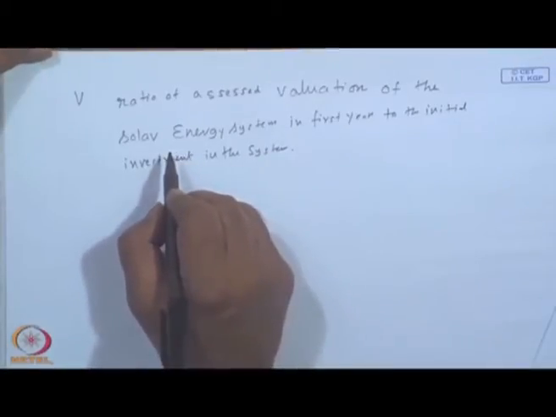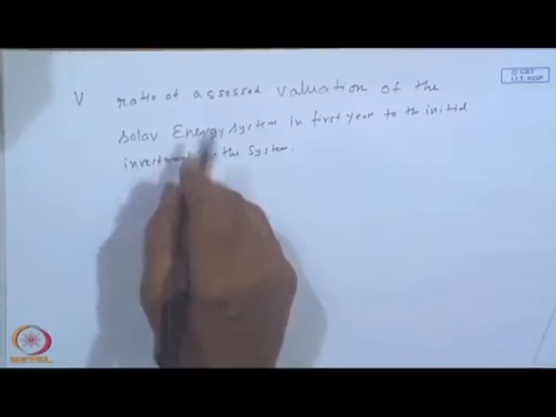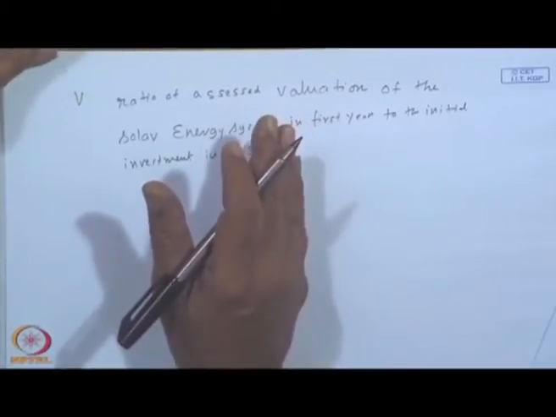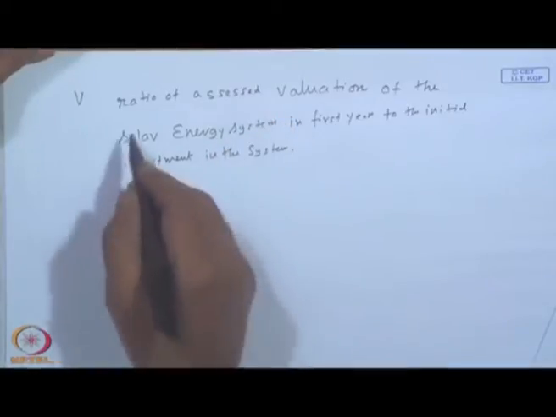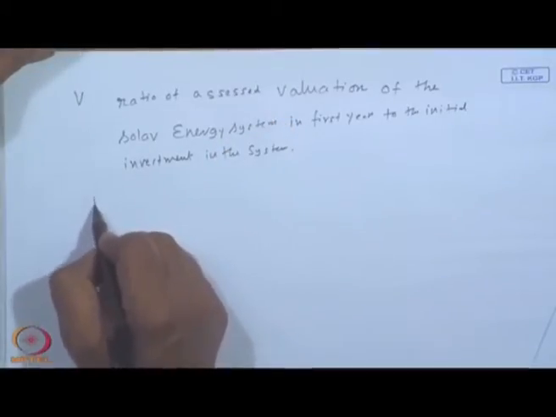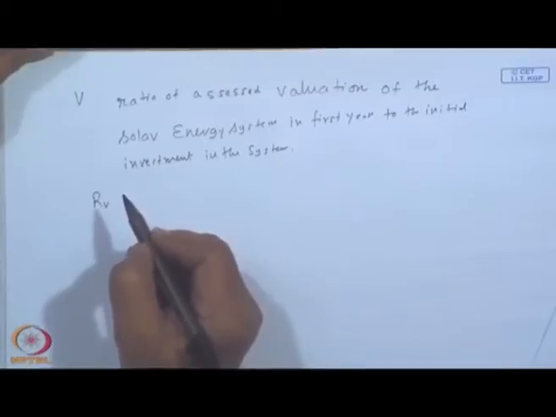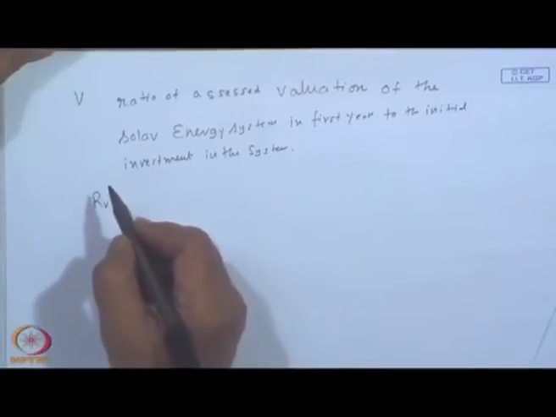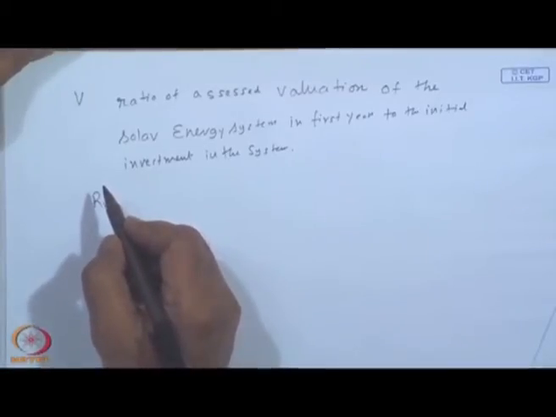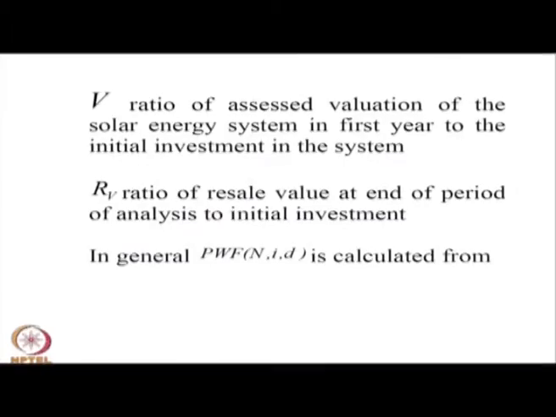So, assessed valuation of the solar energy system in first year to the initial investment in the system. So, you may not pay all the amount. So, there is a particular ratio. So, because that is going to decide how many installments you will pay, how much you will pay over how many years, and consequently your present worth factors, etc., etc.